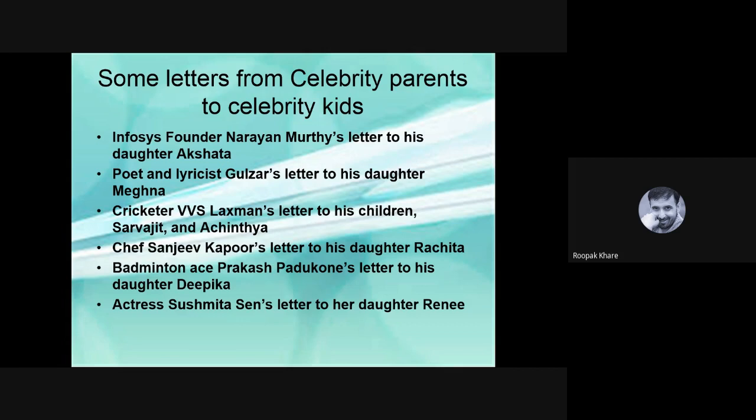The first is a letter by the founder of Infosys, Narayan Murthy, to his daughter Akshata. Akshata, by the way, is in the news these days. She is the wife of Rishi Sunak, who is probably going to be the next Prime Minister of Britain. So this letter was written by Narayan Murthy to Akshata.